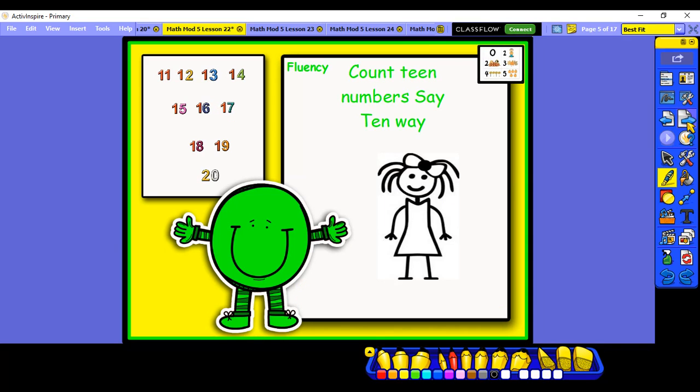Now let's look at our teen numbers. I'm going to point to the teen numbers. As we count up the teen numbers, we're going to count them the say 10 way. So if I point to the 11, you would say 10, 1. Ready? Count the say 10 way.